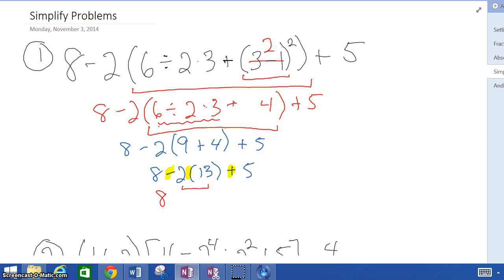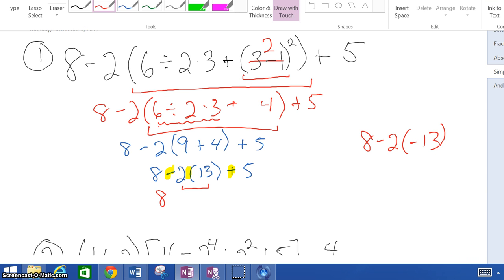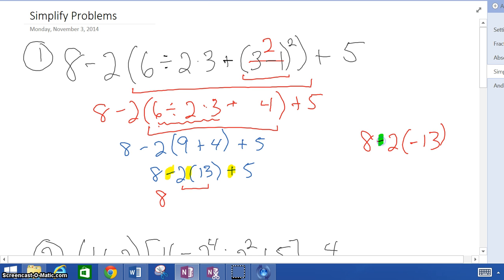Now a lot of us are having troubles here in that, is it a negative 2 times 13? Or is it a 2 times 13 and then you subtract it? It doesn't really matter. Here's my word of caution. If it's 8 minus 2 multiplied by a negative, you have to recognize that there are two negative signs being applied to one another.